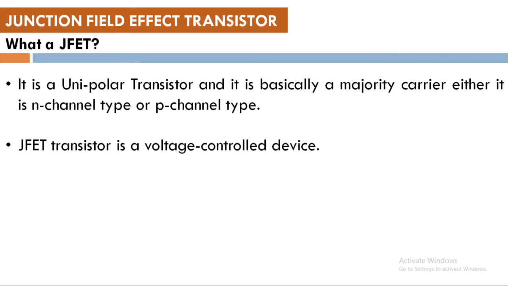So whenever we change the input current, as per its output characteristics, we see the change at the output. But it is not the same in the case of a junction field effect transistor. In a junction field effect transistor, we will be able to change the behavior at the output by just controlling the input voltage.